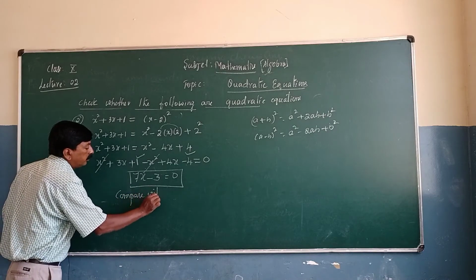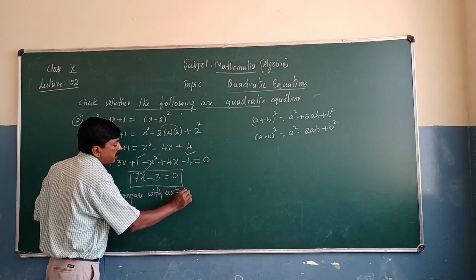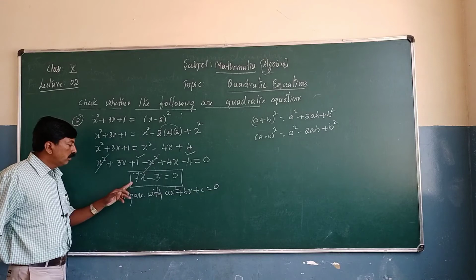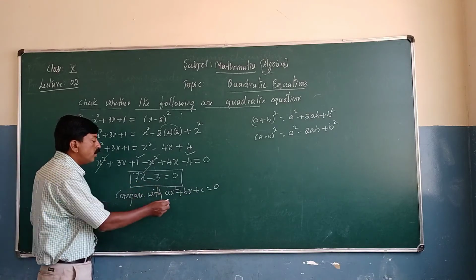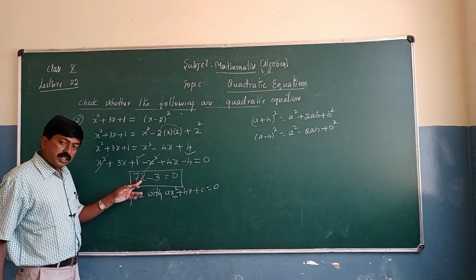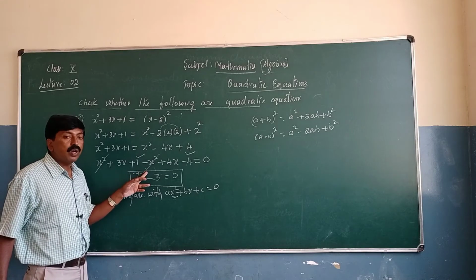Compare with ax square plus bx plus c is equal to 0. Now ax, that is bx, plus c, minus c, there is no x square. Therefore, here x is a variable, its power is 1, highest degree is 1.